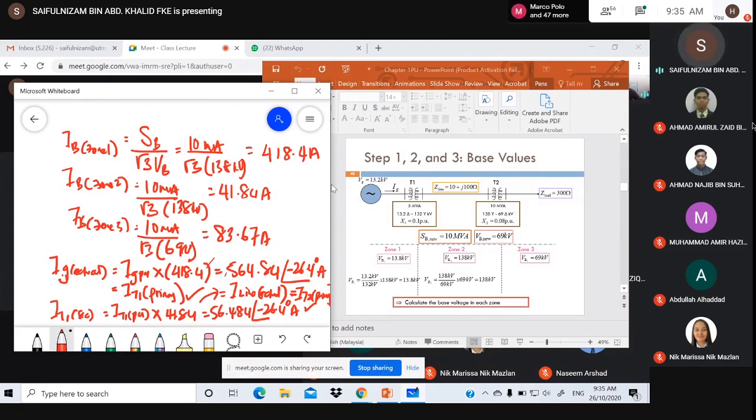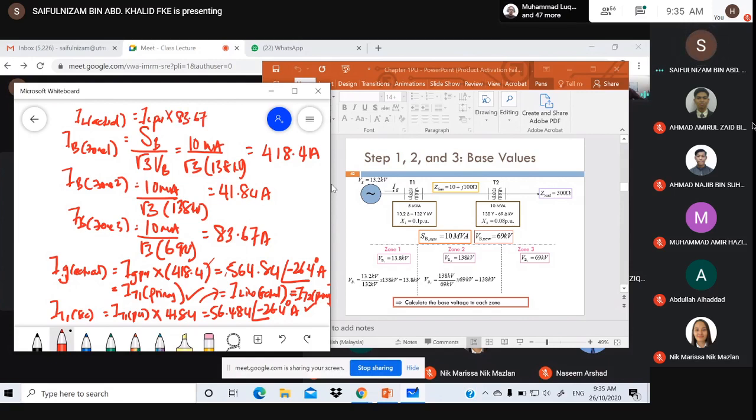Then the load current in actual, I load actual equals I load PU times the, what is the base current in zone 3?